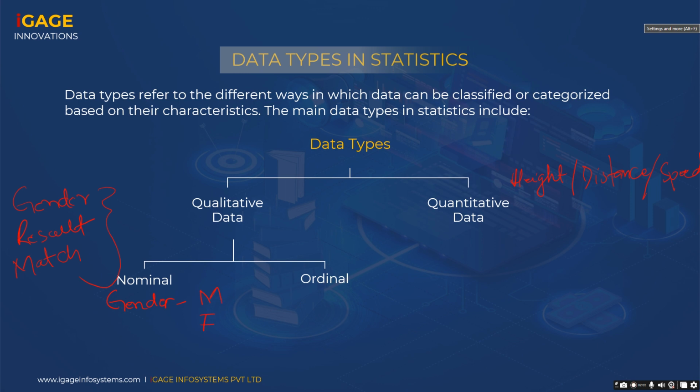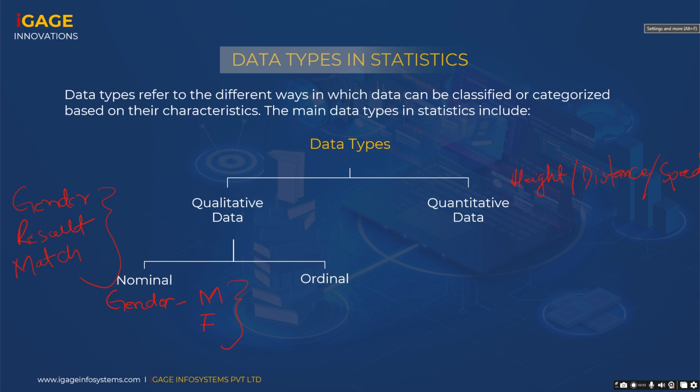But do we have any provision to order them? Is there any comparison of which is better? Is there any scoring for this kind of category? We don't have any order, we don't have any direction.